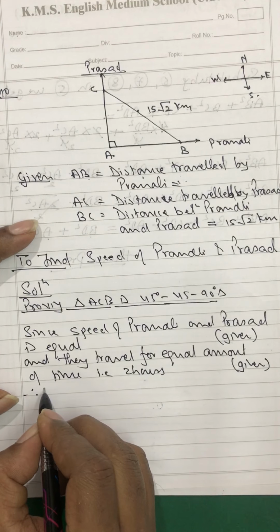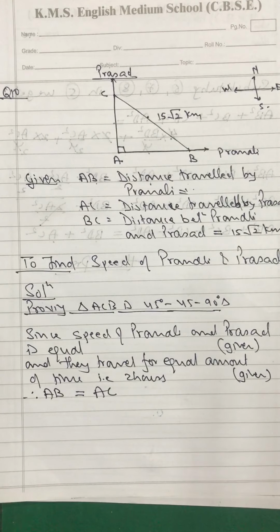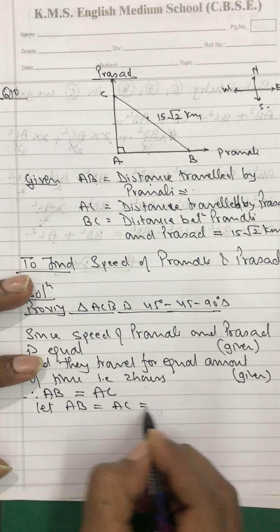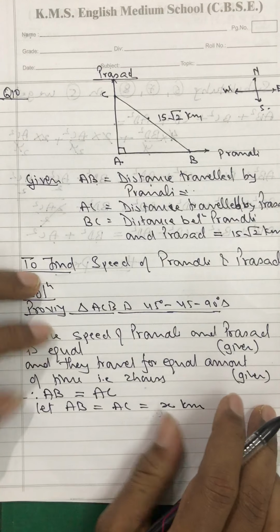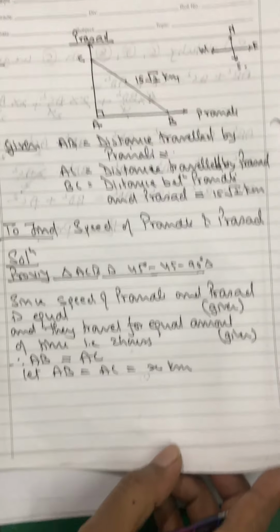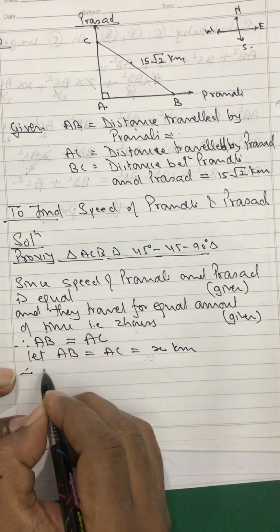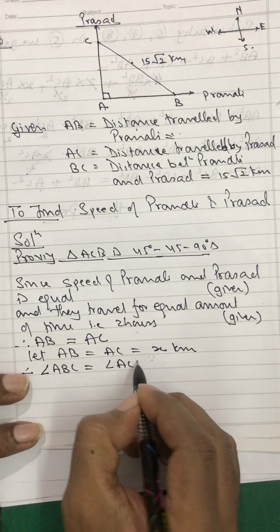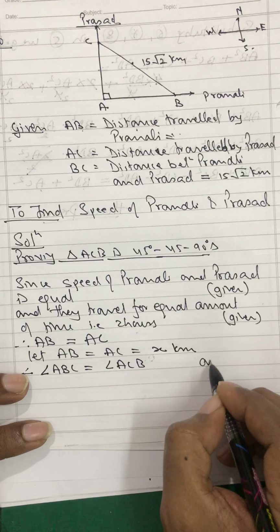Therefore, AB is equal to AC. Fine. So let AB equal to AC be equal to X kilometers. We don't know that, but let that be equal to X kilometers. So now next what we will do is, therefore angle ABC is equal to angle ACB. This also we don't know. Reason: angles opposite to congruent sides.